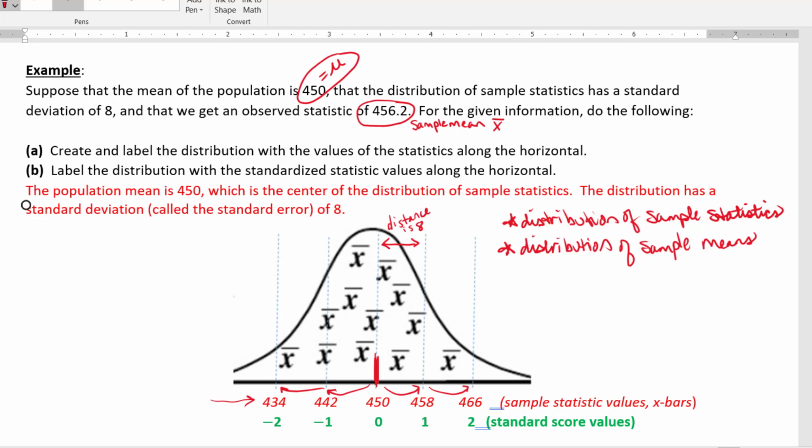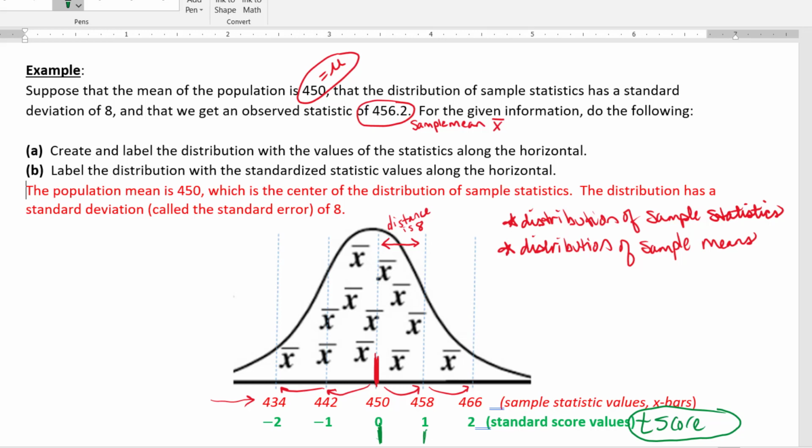In green, we've labeled each of these vertical lines with the t-score, otherwise known as the standardized statistic, the standard score. 0 is in the center. This is the sample statistic value that is 0 standard deviations away from the mean.